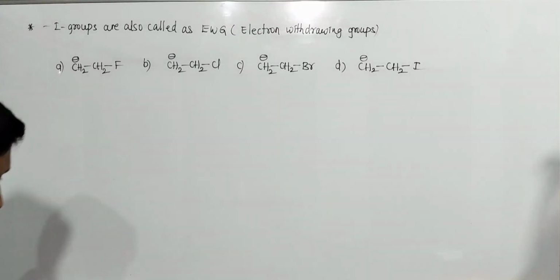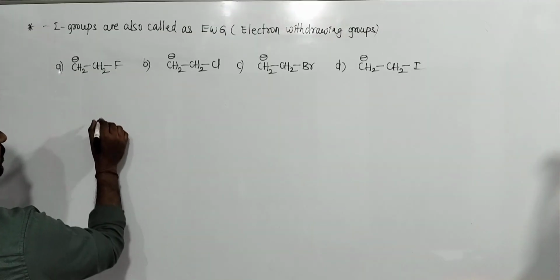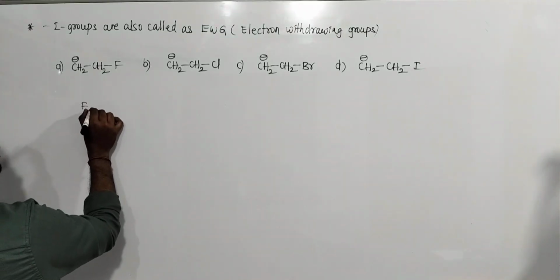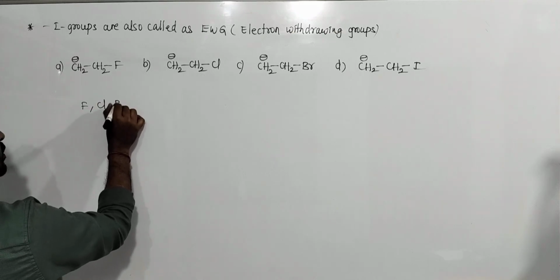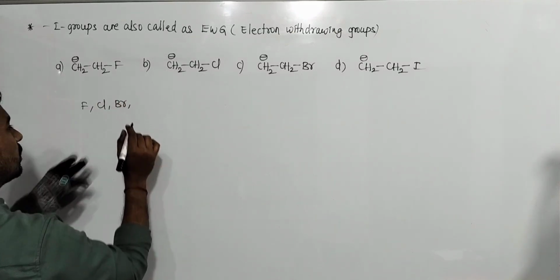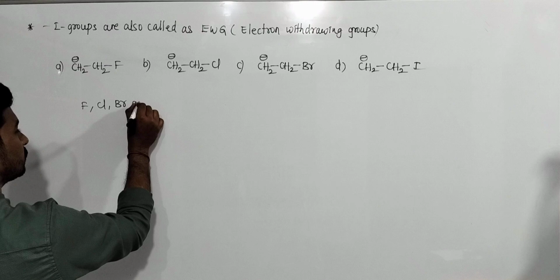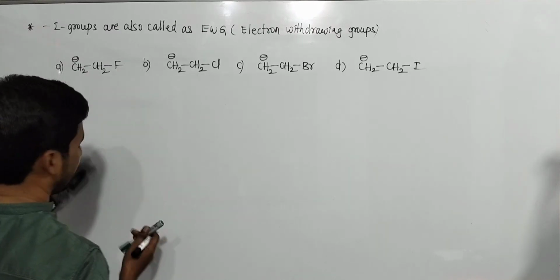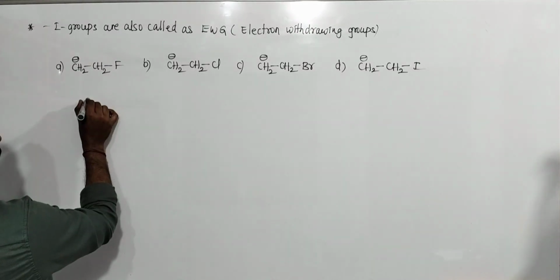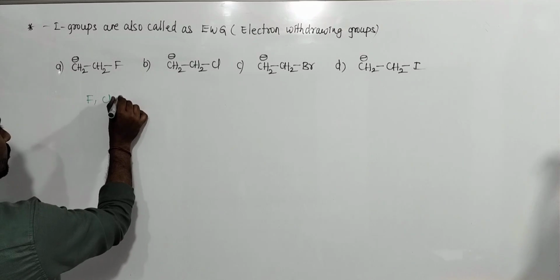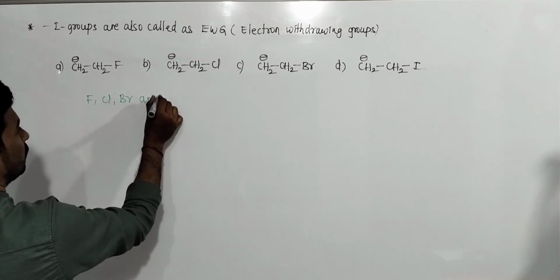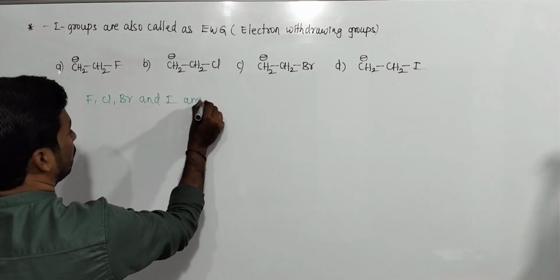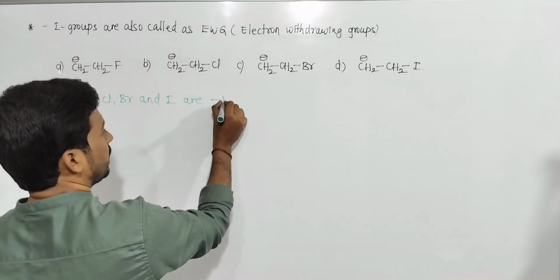Now tell me the stability of carbon ion. Fluorine, chlorine, bromine and iodine are minus I groups.